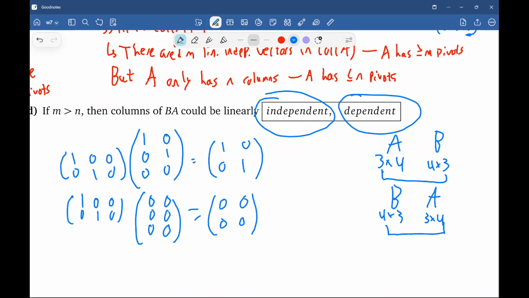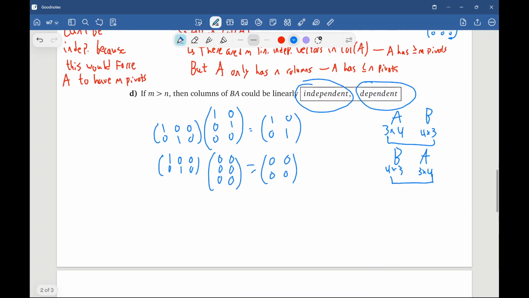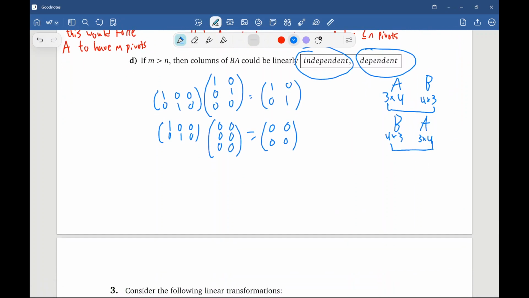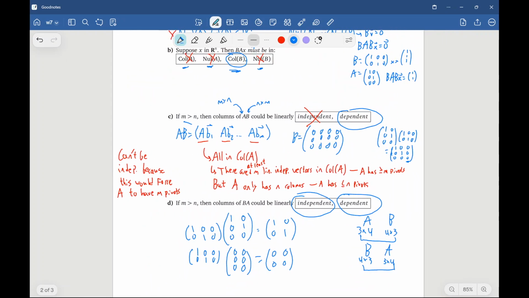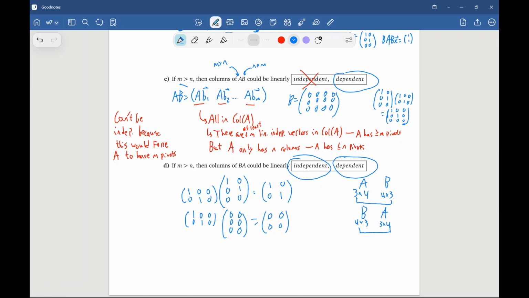This top one is 3 by 3, the bottom one is 4 by 4. So we already know that swapping the order of matrices changes the matrix.